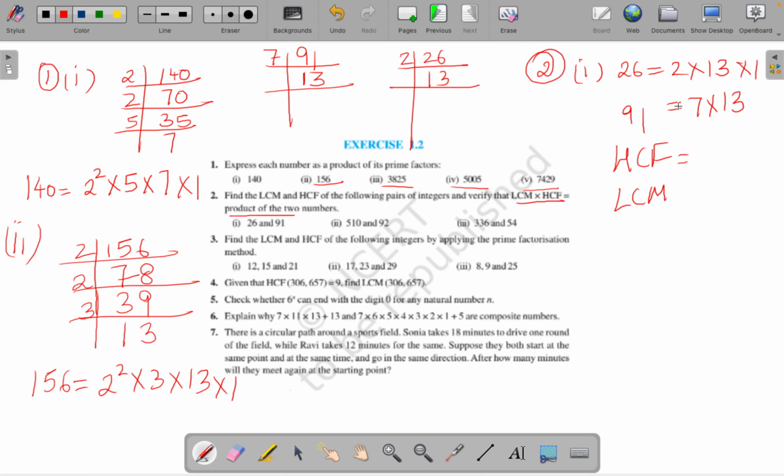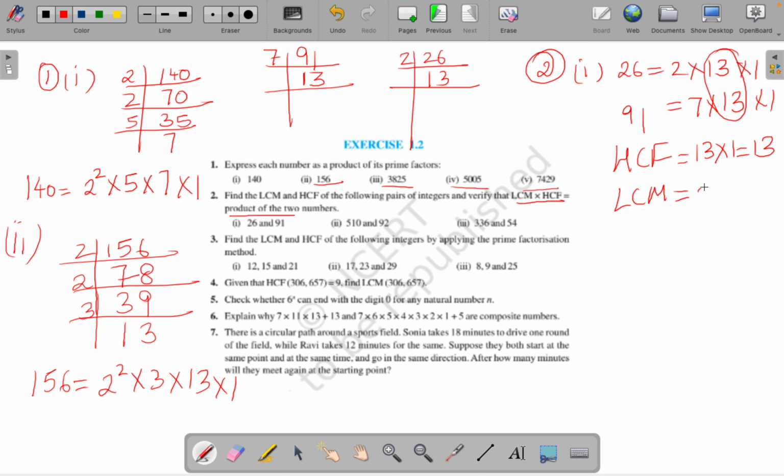First let's find out HCF. So you know what HCF means? Highest Common Factor. So check, the highest common factor you can see, obviously into 1 will come in both. So this is 13 into 1. So HCF is 13. Now LCM is lowest common multiple.